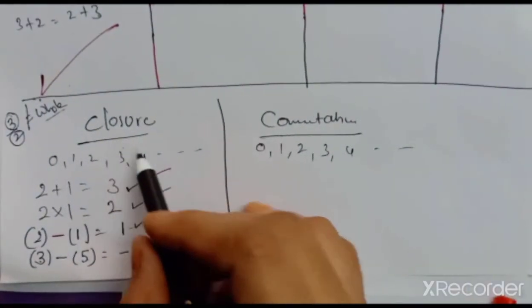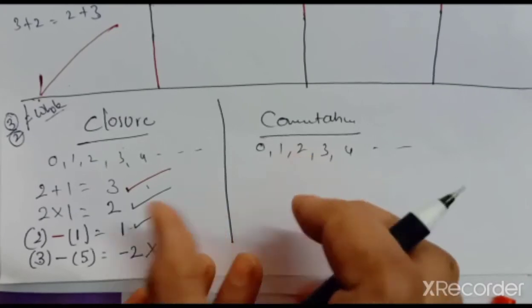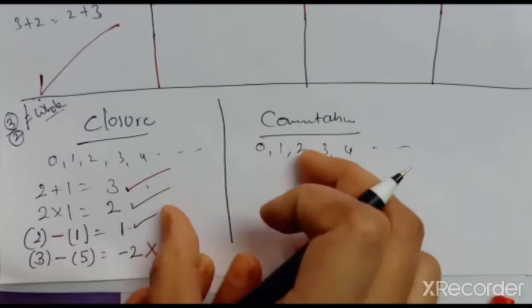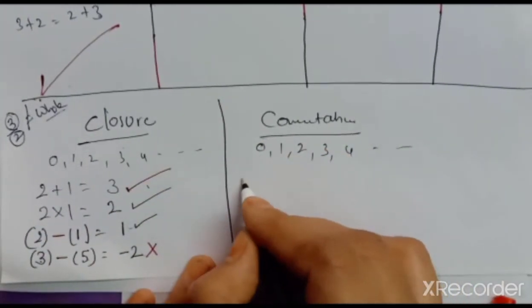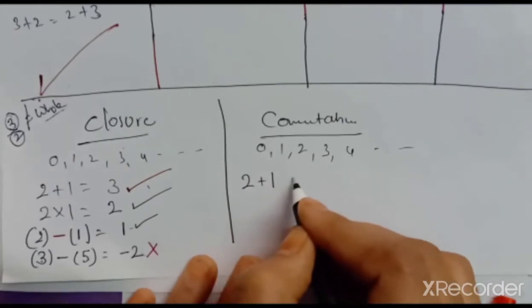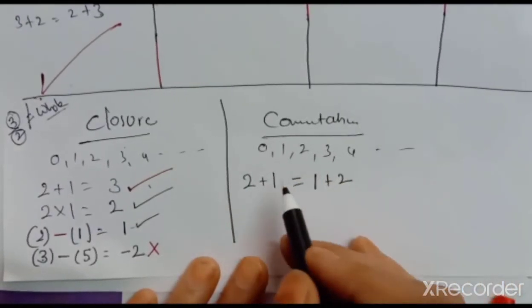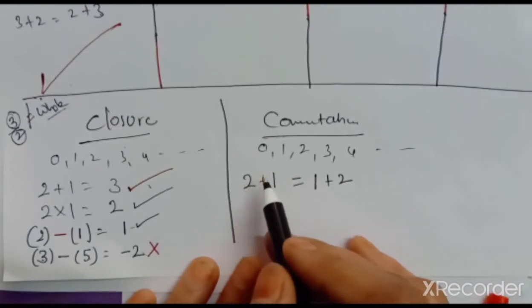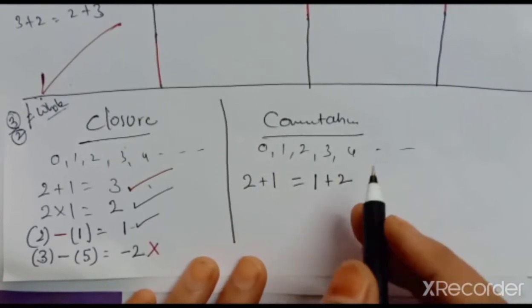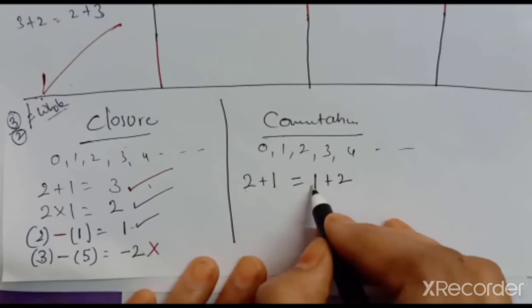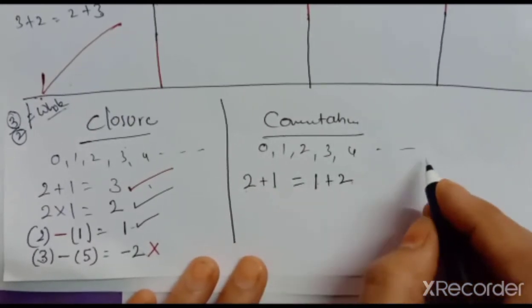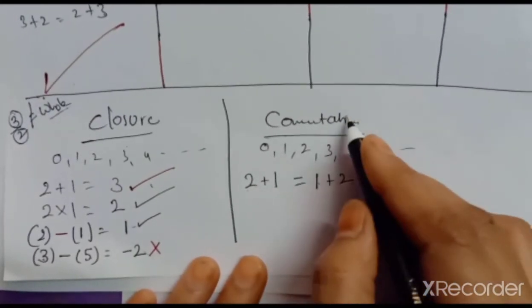Now move to commutative property. What is the difference between closure and commutative property? If you add 2 plus 1, which is equal to 1 plus 2. If you add in reverse also, you will get the same value. 2 plus 1 is equal to 1 plus 2. So addition follows commutative property.